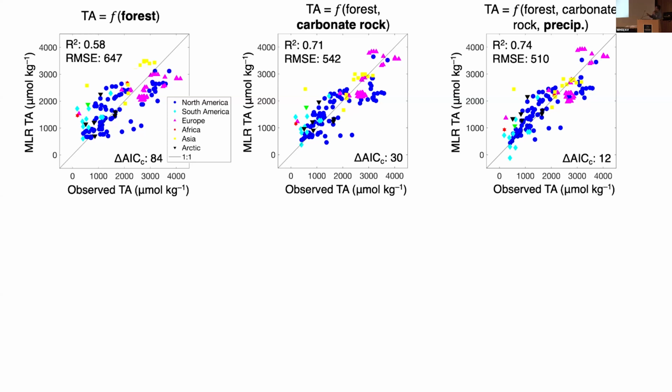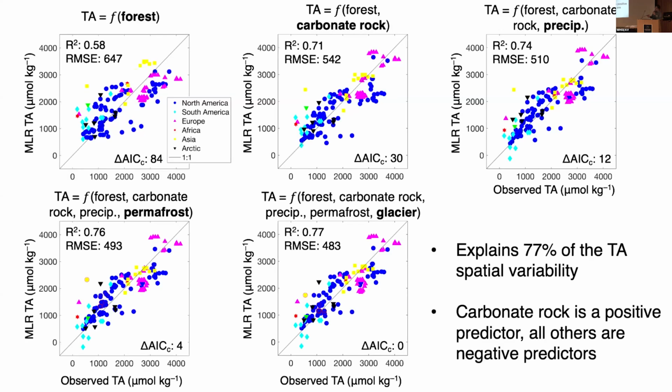These three predictors give a pretty good estimate for most of the regions. However, it really overestimates river alkalinity in high latitude regions. That's why we dug more into the data and found that if we add in permafrost coverage and glacier cover within the watershed, this can give much better estimates of alkalinity in the rivers in high latitude regions.